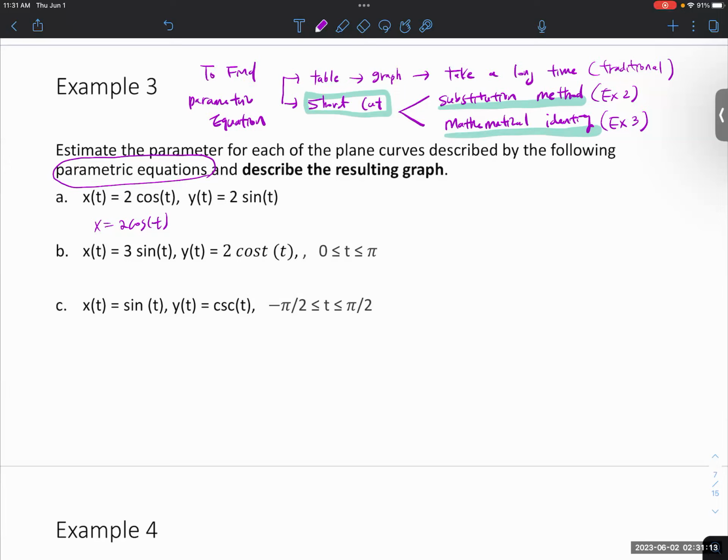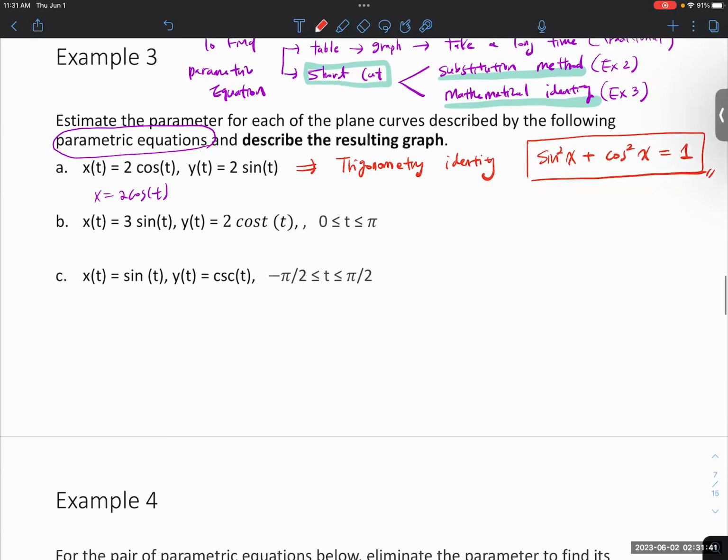So this time, we're going to utilize a trigonometry identity. One of the identities, if you remember, is sine squared x plus cosine squared x. If you remember from a long time ago, it is always 1.